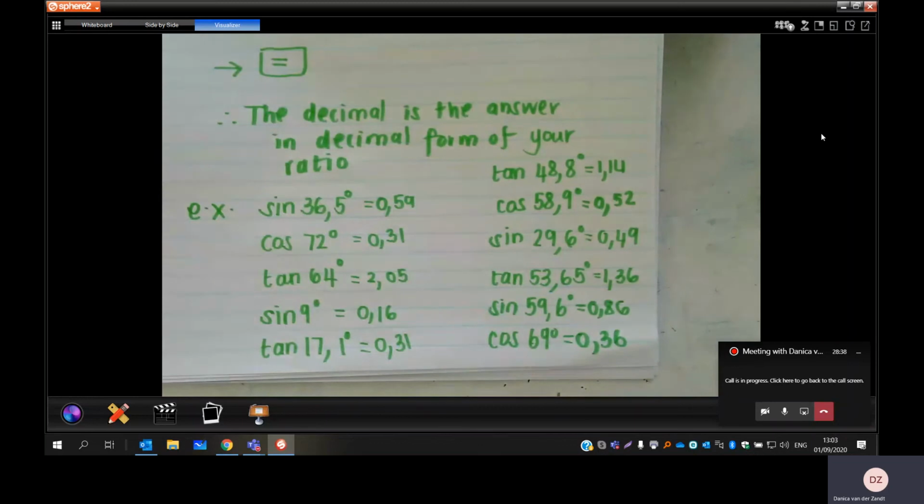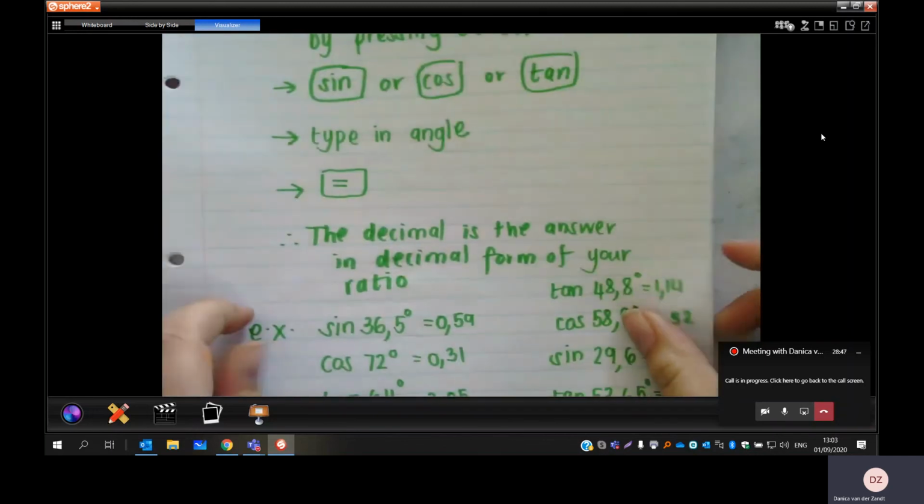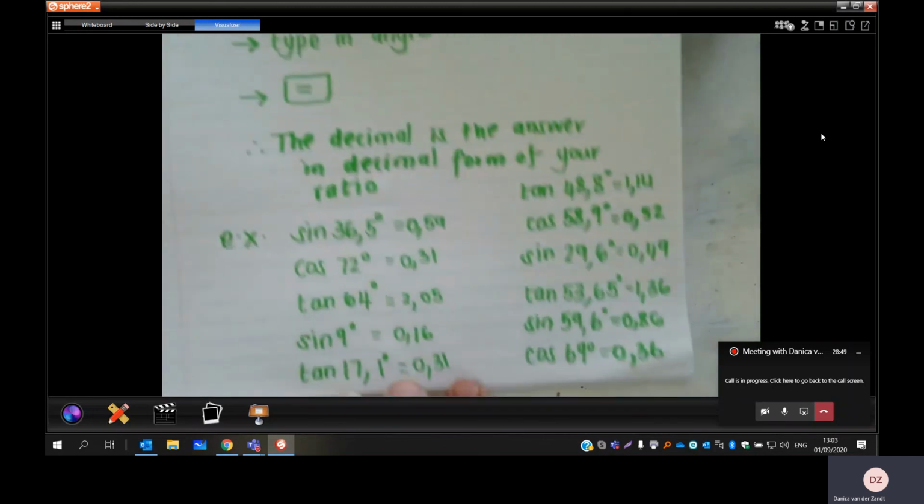Okay, I'm done. And I started after you, so you should be done too. Okay, checking those answers. Remember 2 decimal places.